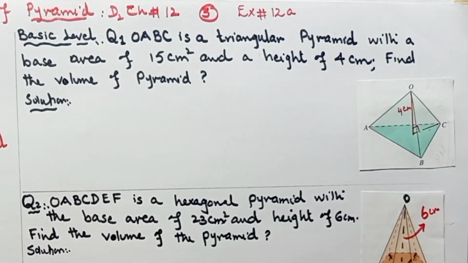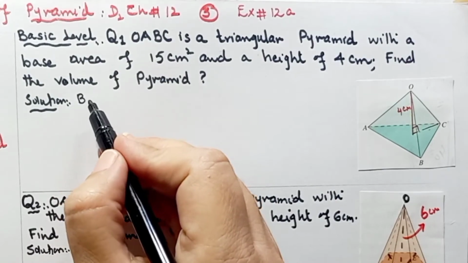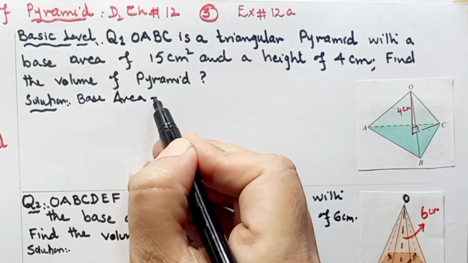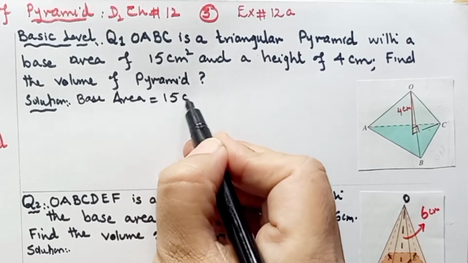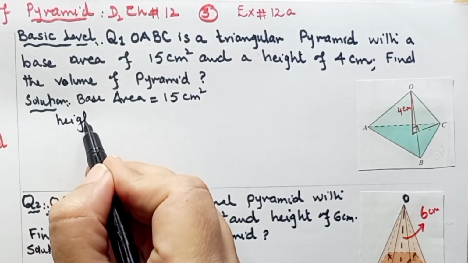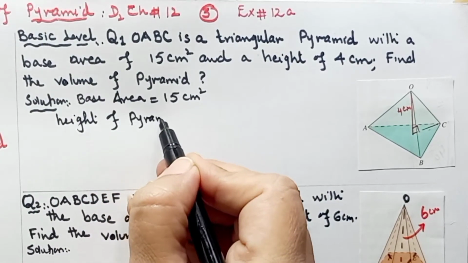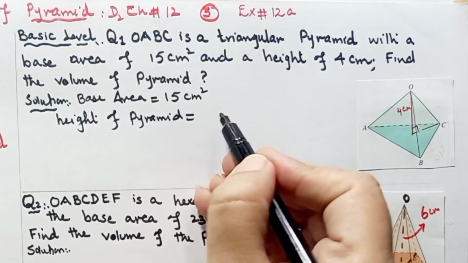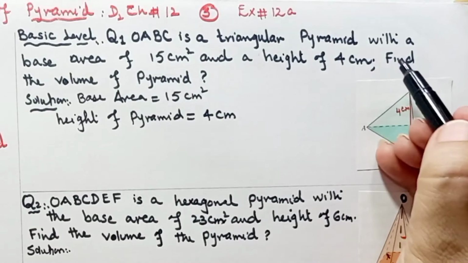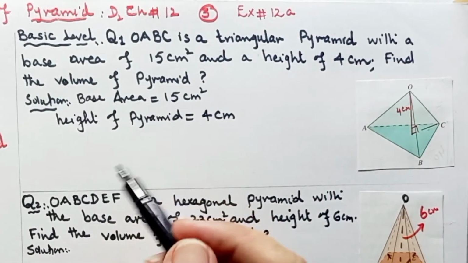So let's write small statements: base area equals 15 centimeters square, and height of pyramid, which is already given in the question, is 4 centimeter. Read the information which begins after find. Find the volume of pyramid, which is the requirement of the question.